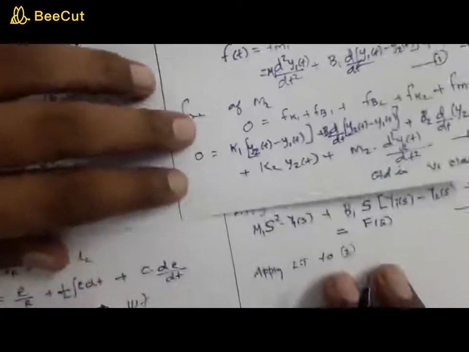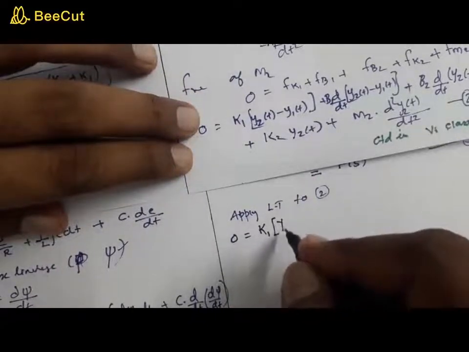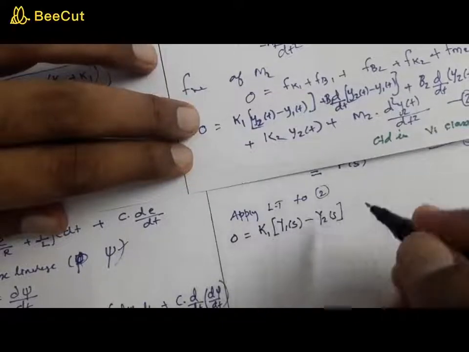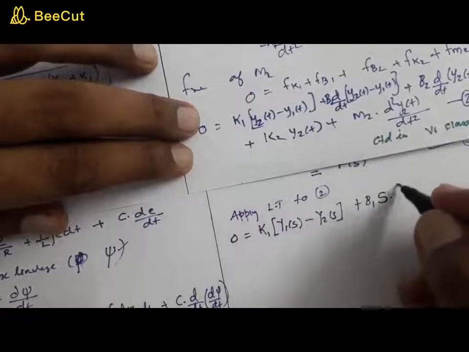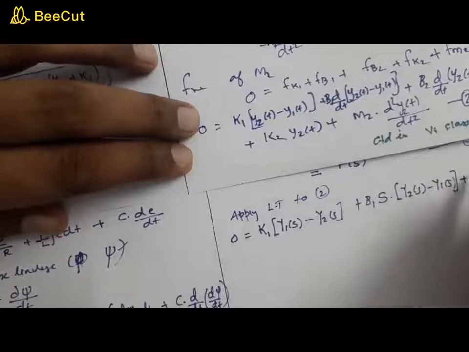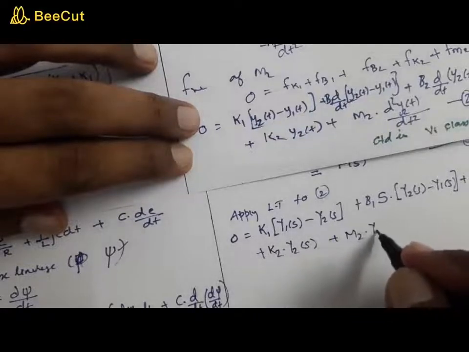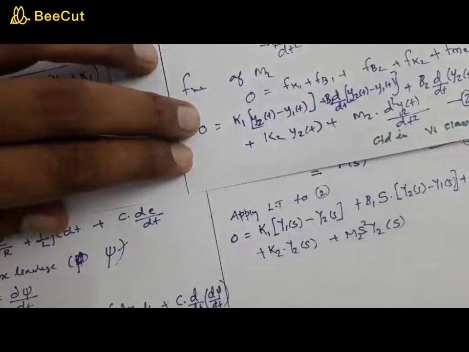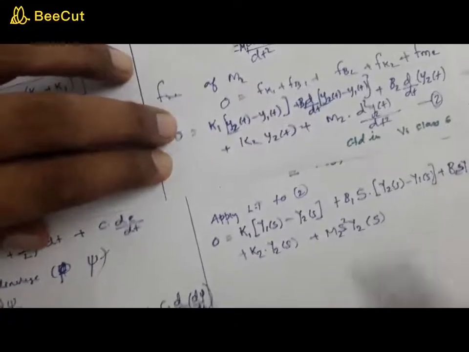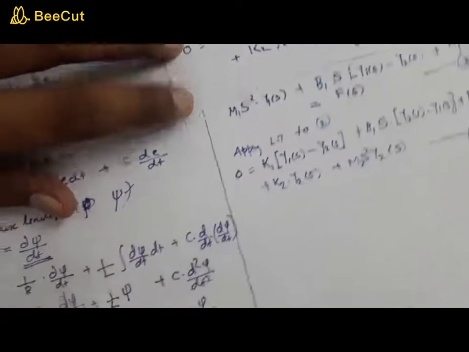When you apply Laplace transform to 2, you can write 0 equal to k1 into y1 of s minus y2 of s plus b1 into s into y2 of s minus y1 of s, plus b2 into s into y2 of s, plus k2 into y2 of s plus m2 into s square into y2 of s. So this is your equation 4, right?